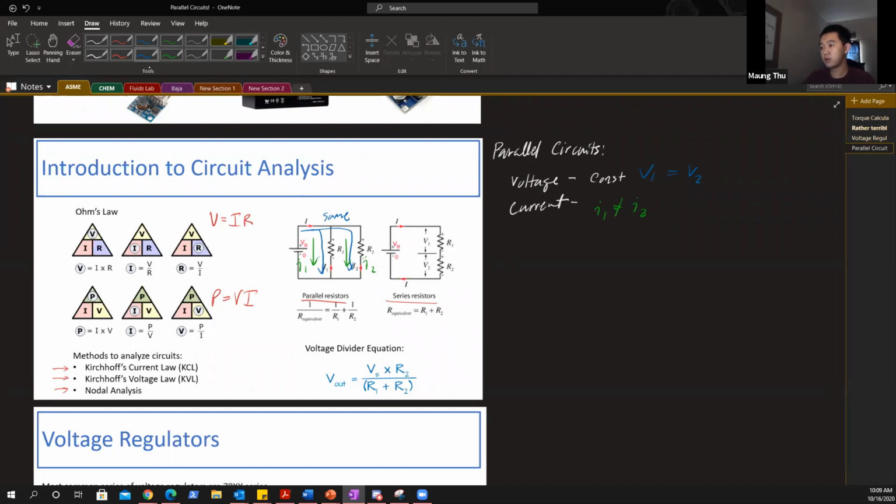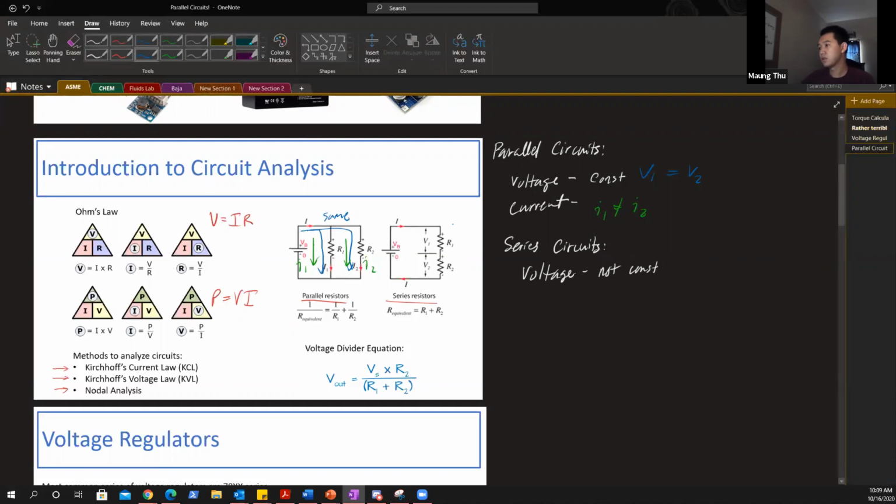And this goes the same way for series, but in the opposite way. So for series circuits, your voltage is not constant, meaning it gets dropped.